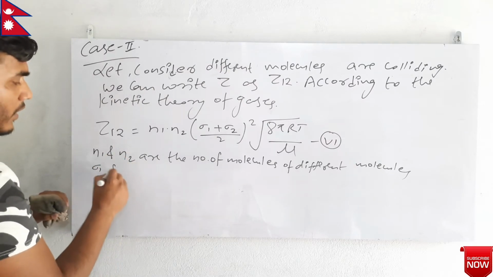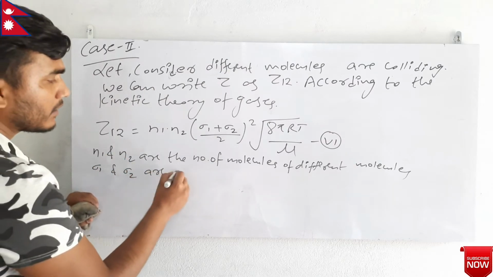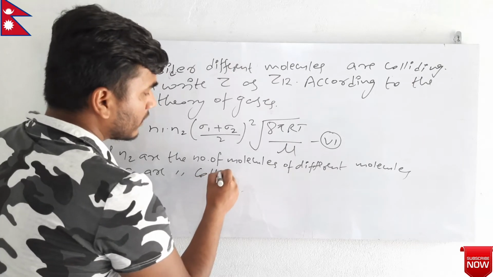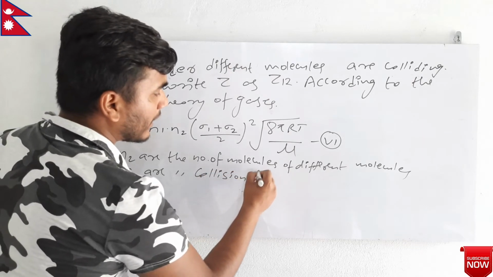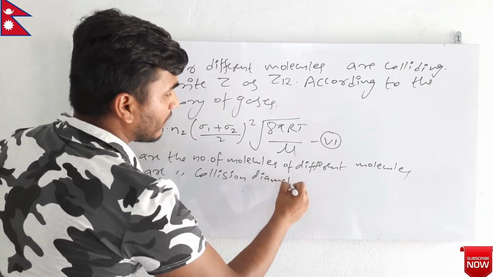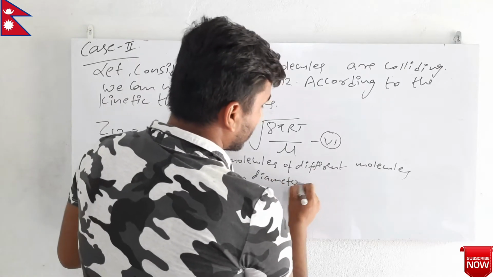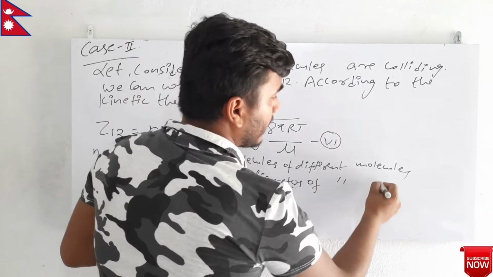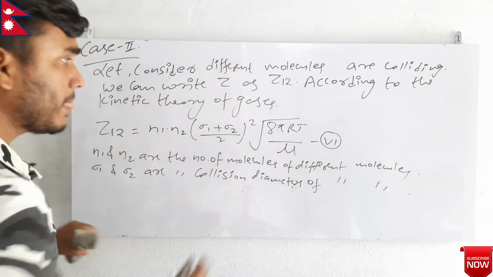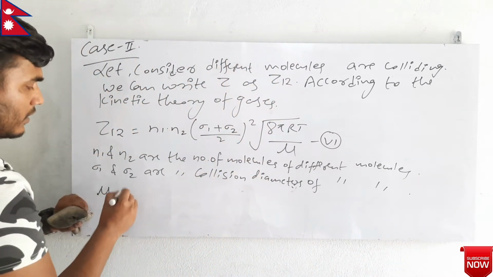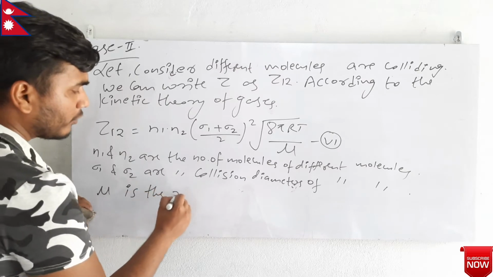This sigma 1 and sigma 2 are the collision diameters of different molecules, and here this mu is the reduced mass.